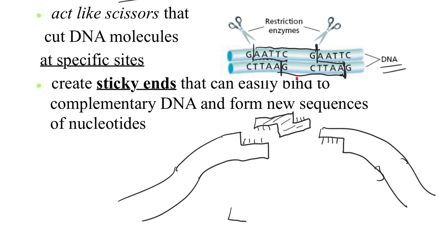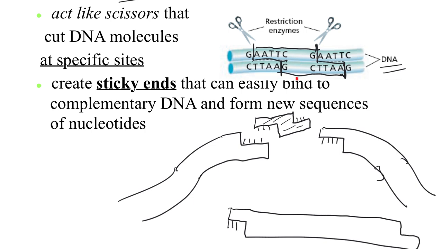So maybe he wants to add this piece, which is foreign DNA to this DNA right here. That will stick in the place of the DNA fragment that was cut out.